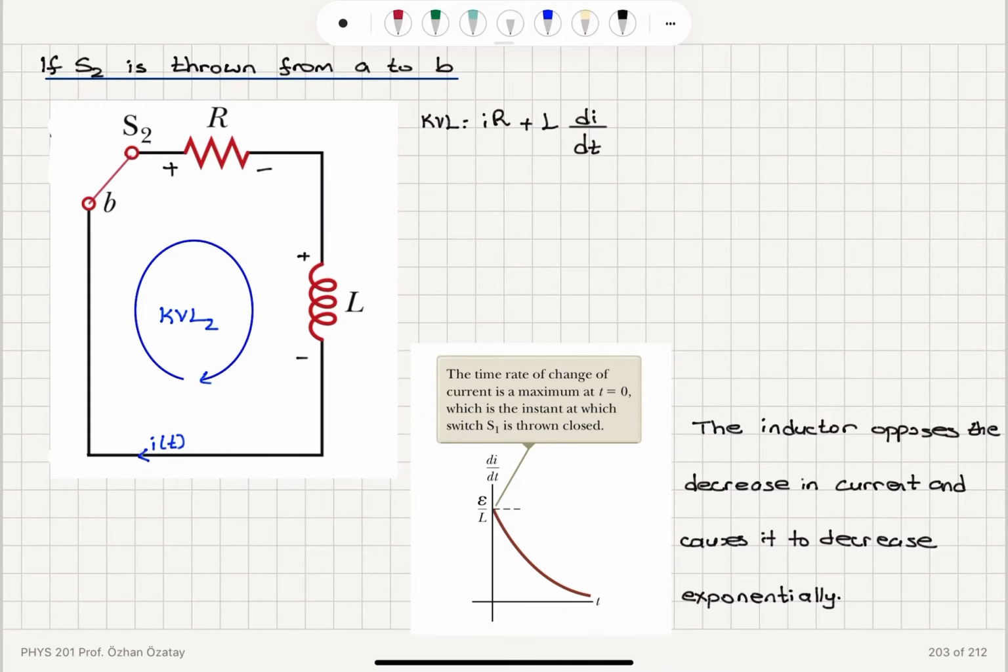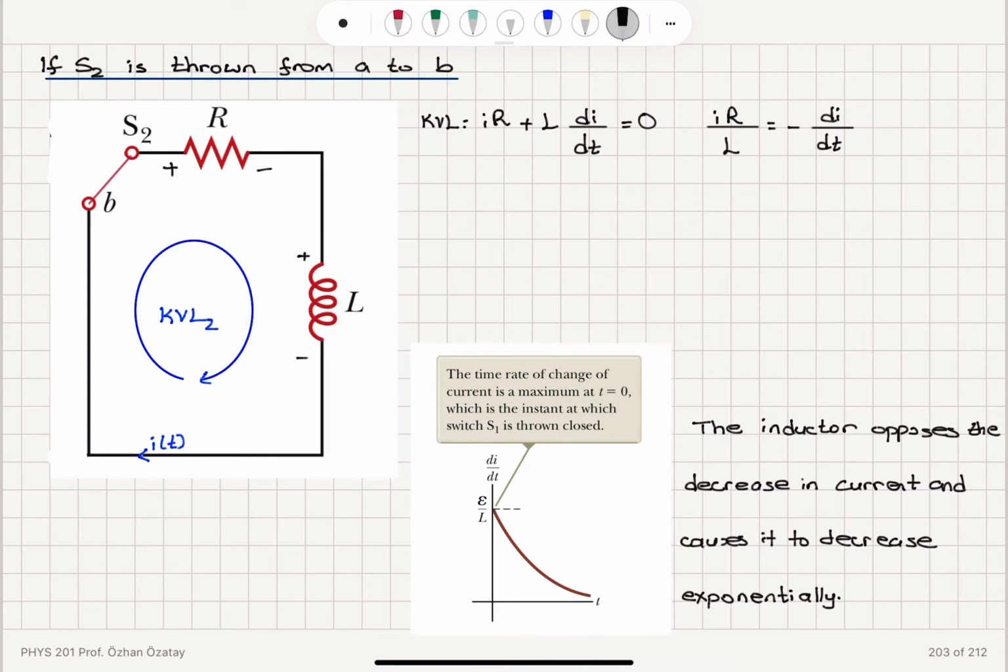So when I go back to the position where I started, this is equal to 0. And this gives me the following equation: I times R divided by L is equal to minus dI/dt.